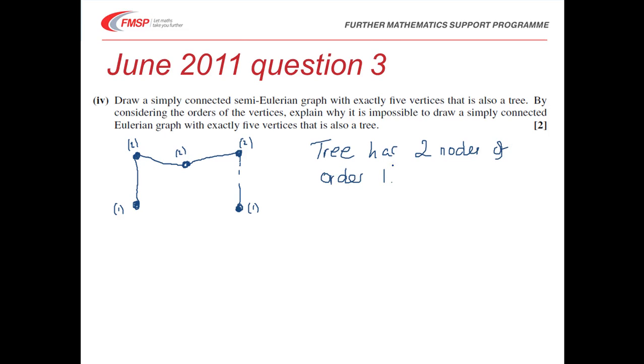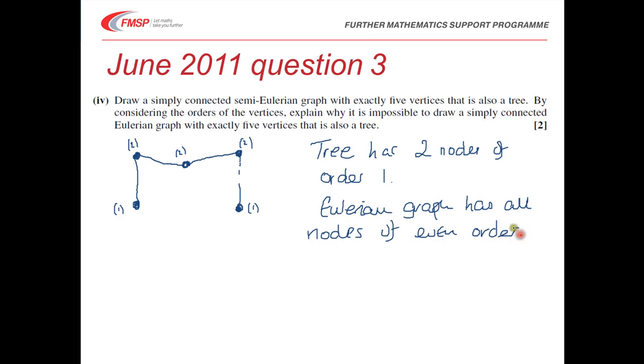So any tree, and think about any tree, because of the fact that you won't have cycles and things, any tree will always have to have 2 nodes of order 1. And of course an Eulerian graph has all nodes of even order, so it just can't work, can it? So not possible.